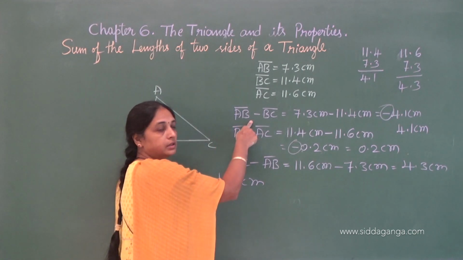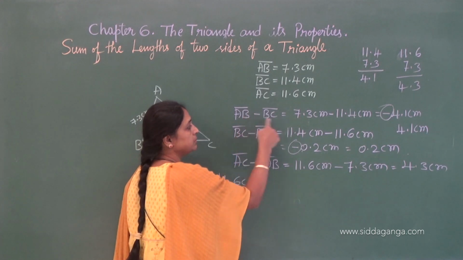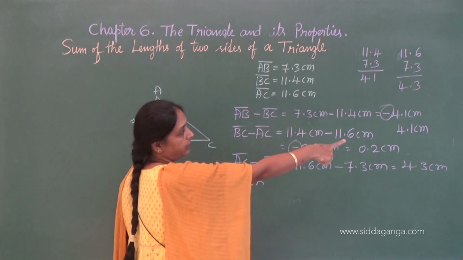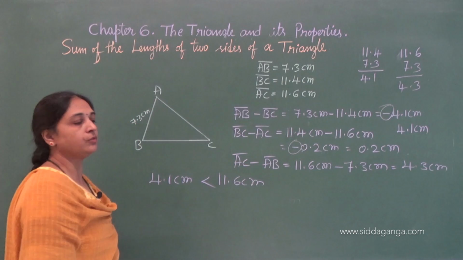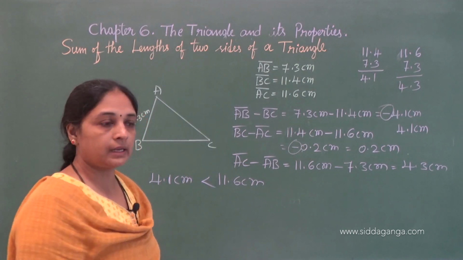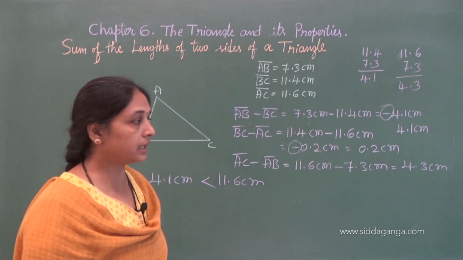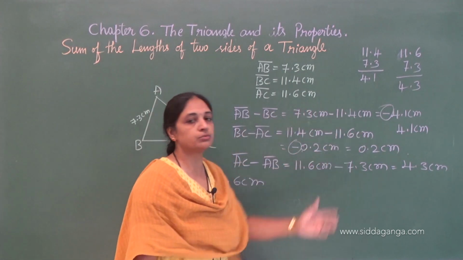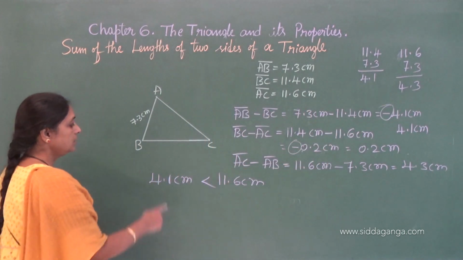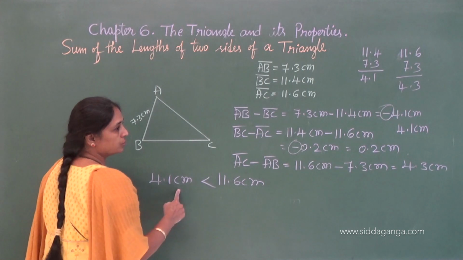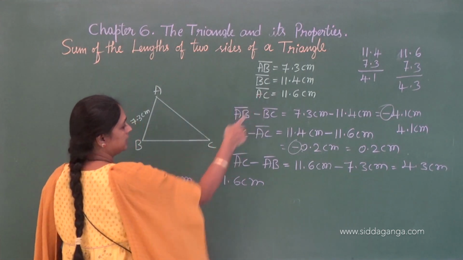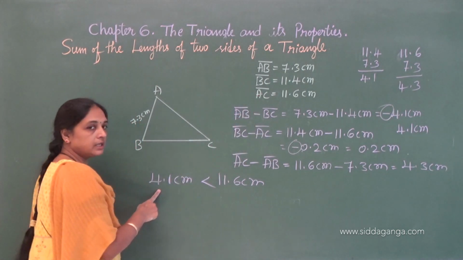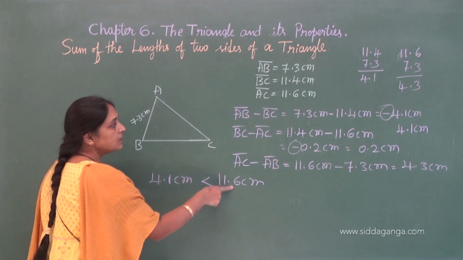We subtracted here. We found the difference between these two. We found minus 4.1 centimeter there. By neglecting the minus sign, we can consider this as 4.1 centimeter. And the relationship between the difference of these two and the remaining side is, it's less than the third side.